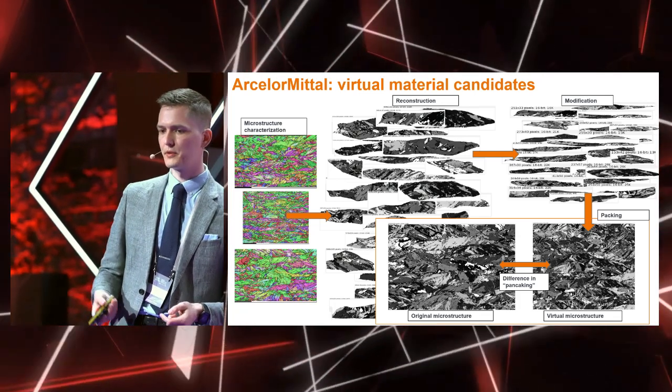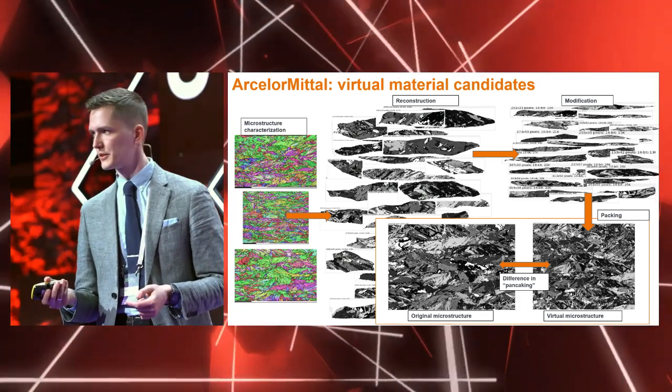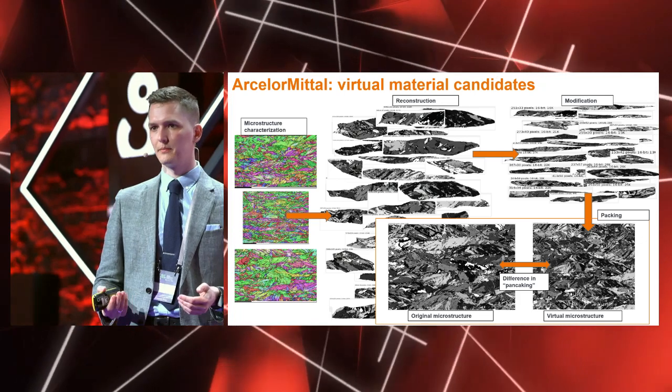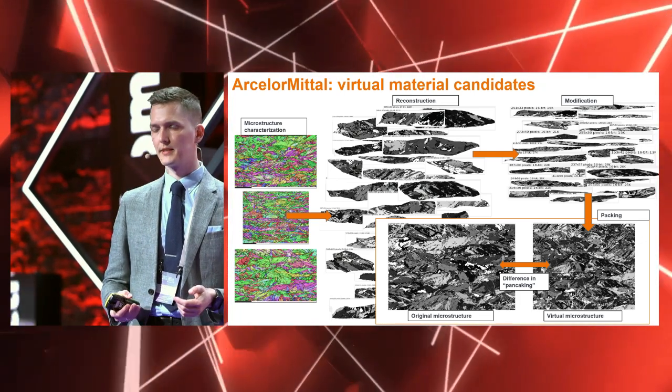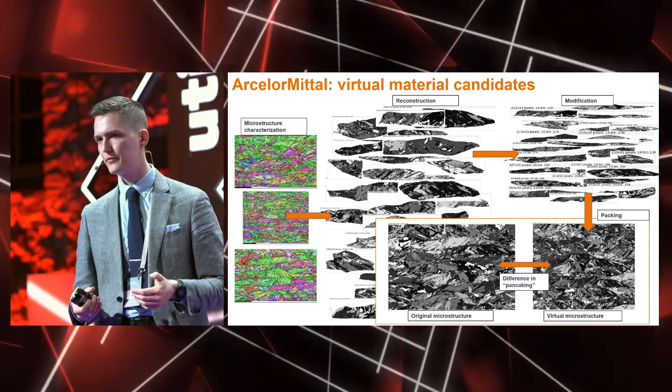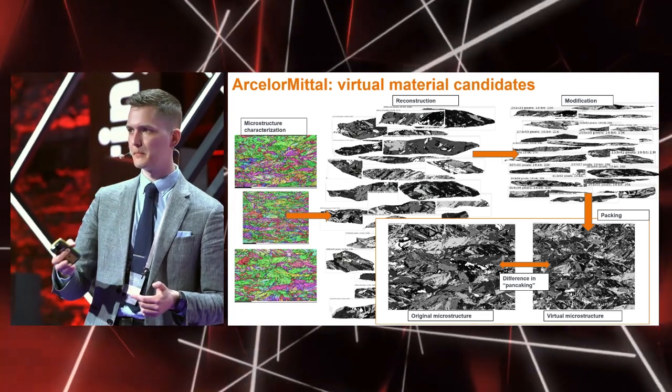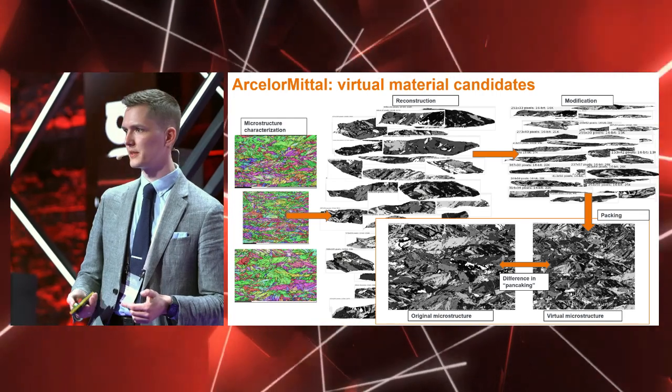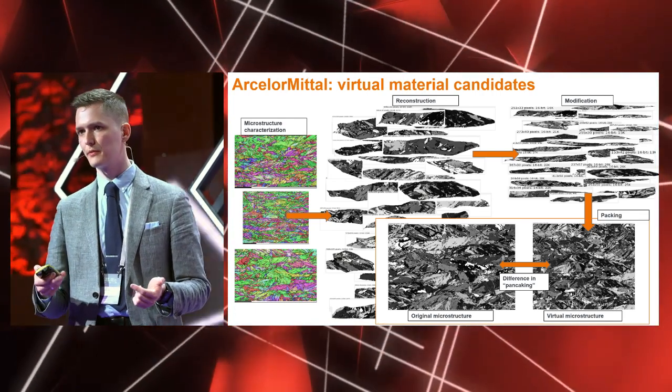Notice the difference between original and virtual microstructure. The virtual one exhibits much more of this pancaking, the hierarchical layering of material grains, which prohibits dislocation movement, thus increasing wear performance.